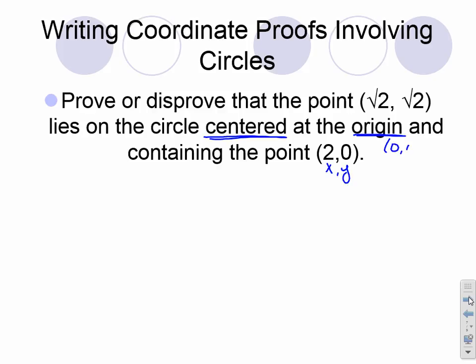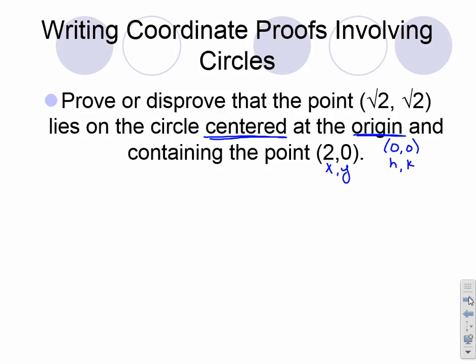So my h and my k are 0, 0, and my x and my y end up being the radical 2 and 0. Okay, so in order to prove that the point lies on the circle, really the only thing that we're missing is r. So we've got to solve for that.